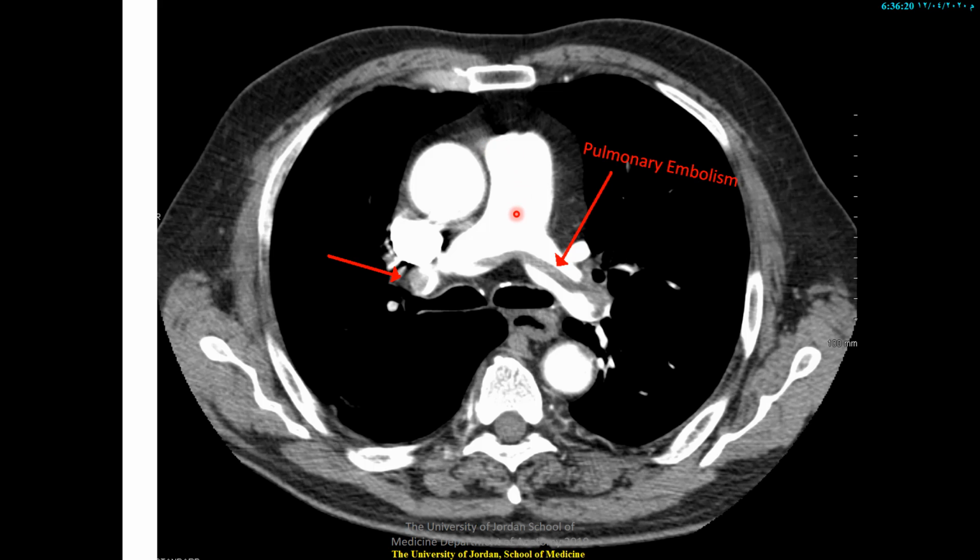This is the pulmonary trunk. This is the ascending aorta. This is the descending aorta, and this is the superior vena cava. And you can easily see the pulmonary embolism blocking the branches of the pulmonary trunk.